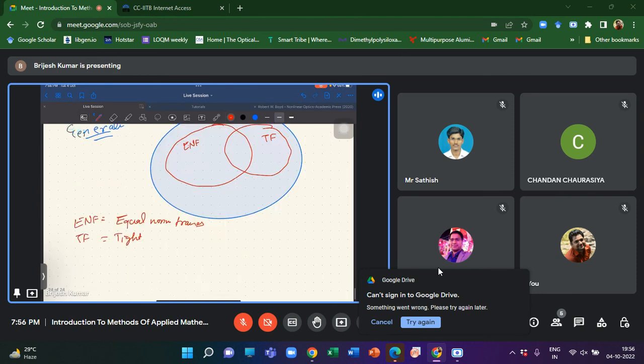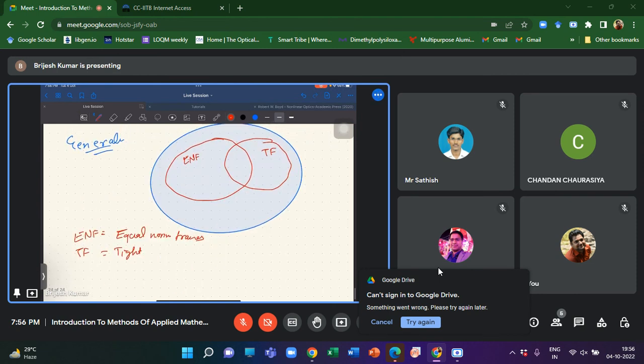So this is some overview of all types of frames, tight frames, and the cross section of these two will be ENTF, which is called equal norm tight frames. Okay, and another type of frames will come inside this one, you can plot like that.